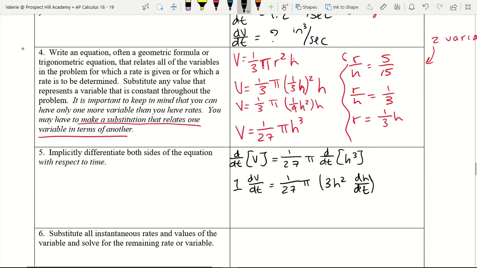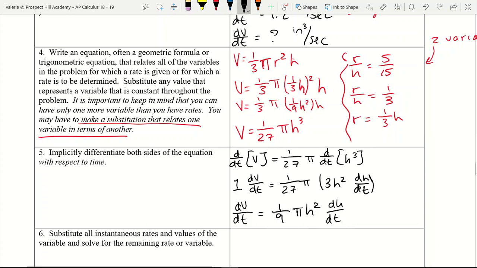And when I simplify, that gets me to dV/dt equal to 1/9 pi h squared dh/dt.